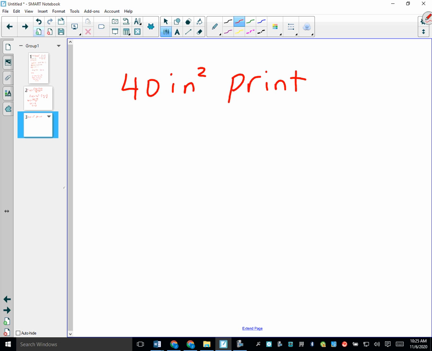What overall dimensions will minimize the paper used?